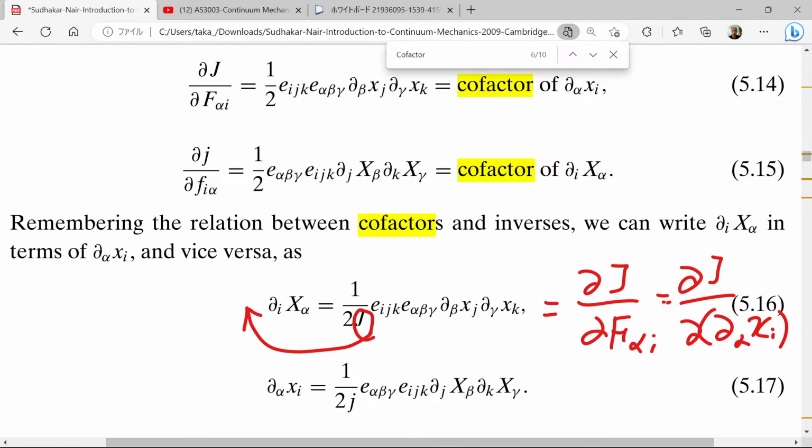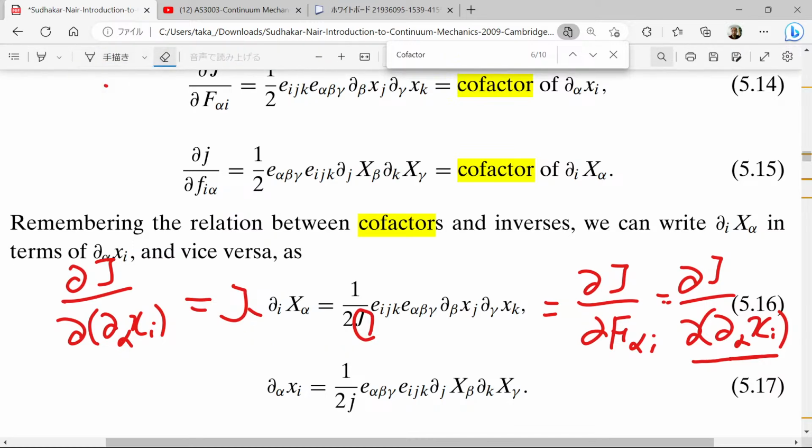So this is the thing. We have partial J over partial alpha xi. This is the J. So let me write it down. Partial J over partial alpha xi equals J multiplied by this.